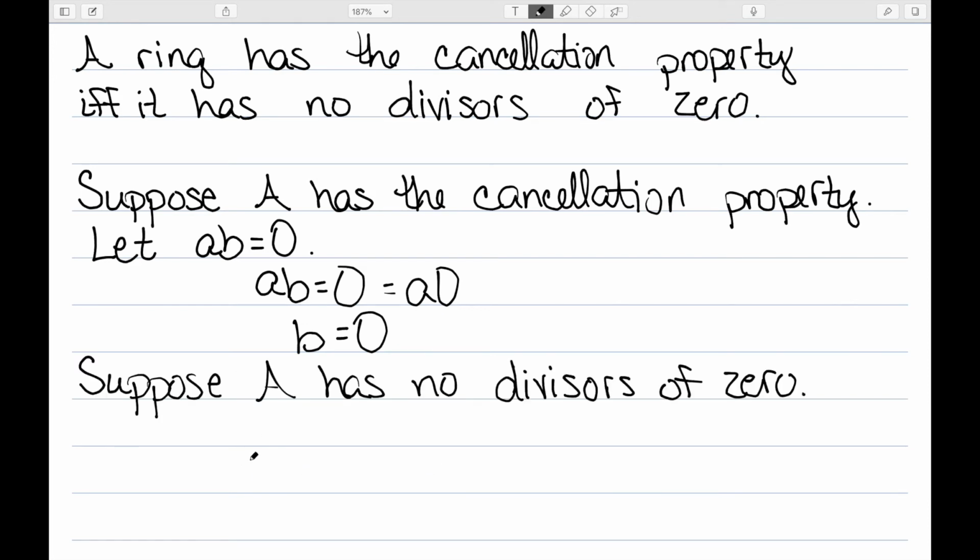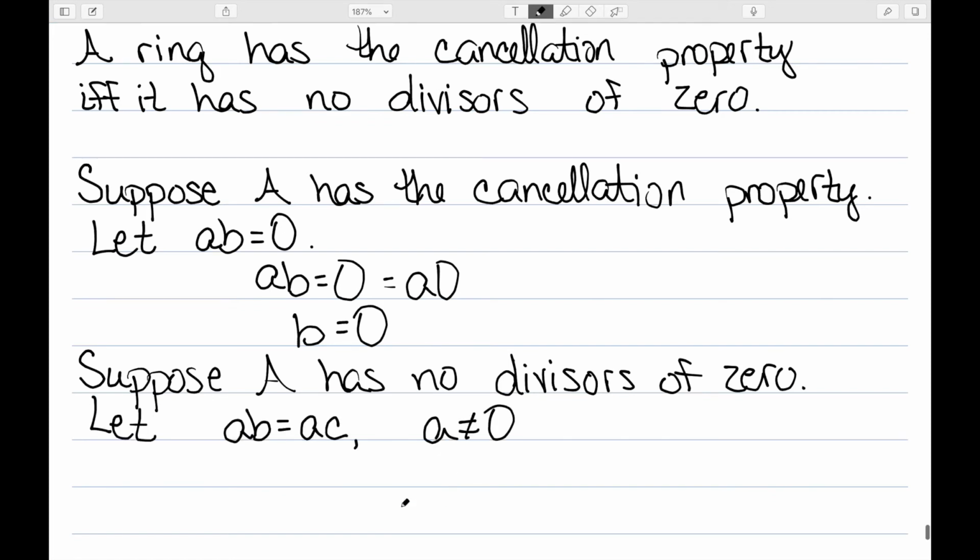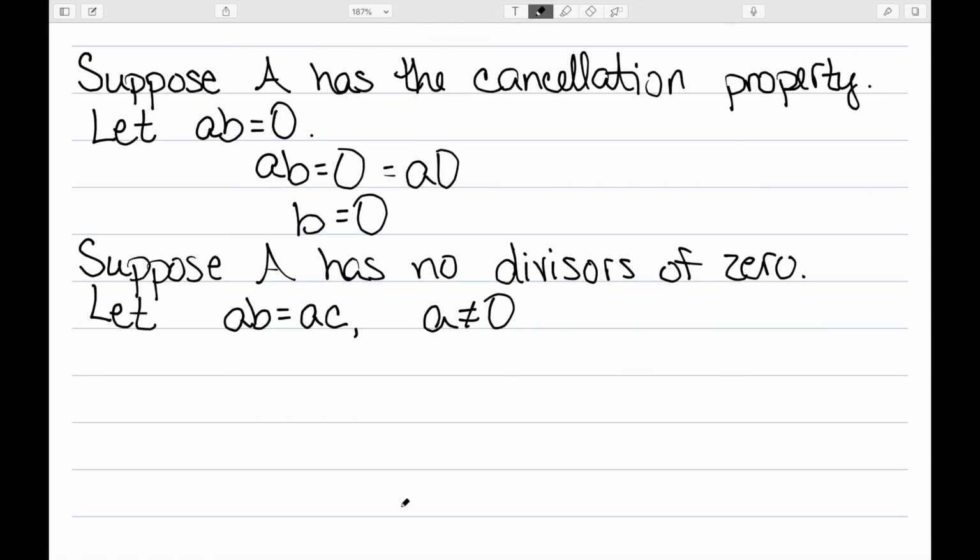Next, let's go the other way. Let's suppose A has no divisors of 0. We need to show it has the cancellation property. Let's suppose AB is equal to AC, where A is not equal to 0. Then we know that AB minus AC, well, we can factor out an A, so A(B minus C). In addition, since AB is equal to AC, then AB minus AC must be 0.